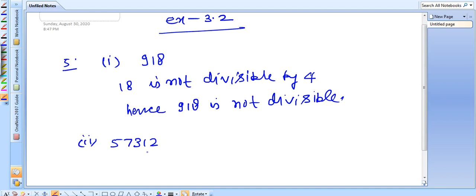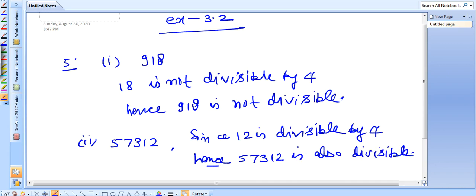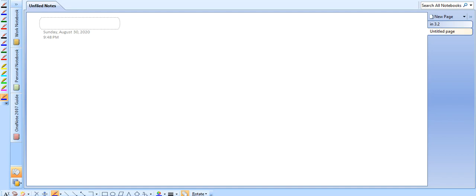You can see the last two digits, 31, is not divisible by 4, hence 5731 is not divisible. These are the two parts. Note it down.